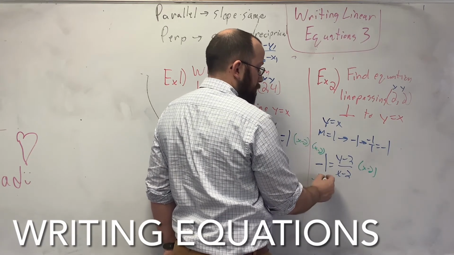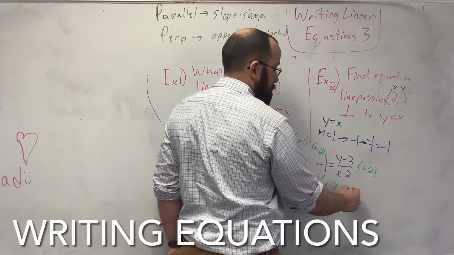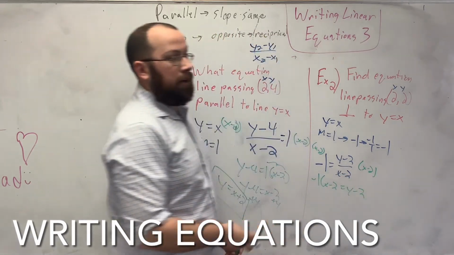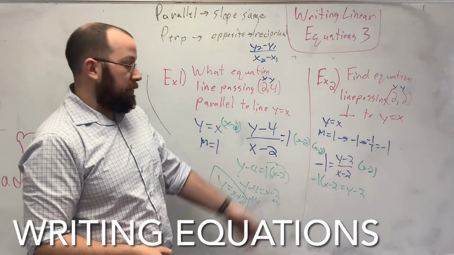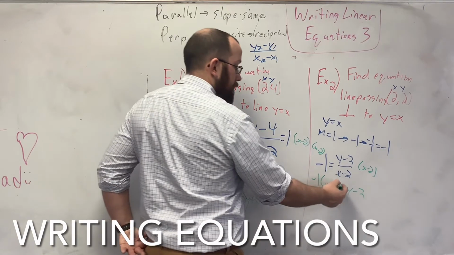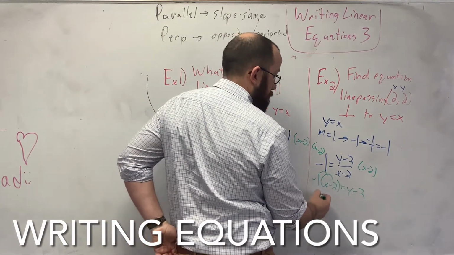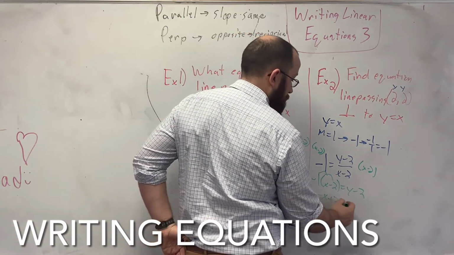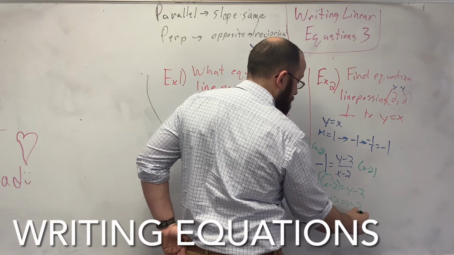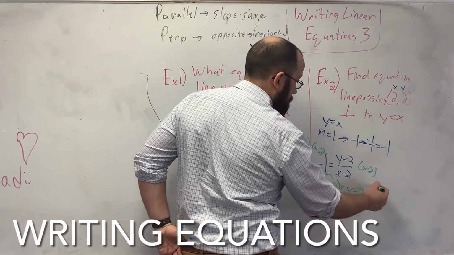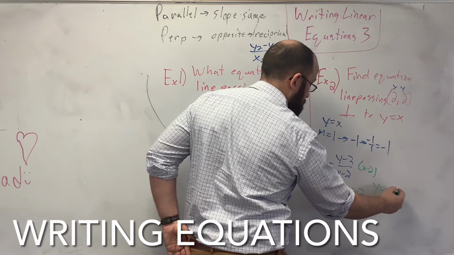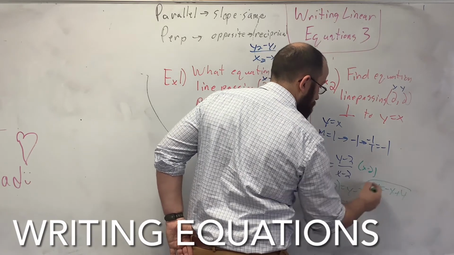So I get negative 1 times x minus 2 equals y minus 2. I know this is a lot, but this is how it's showing you. Negative x plus 2 equals y minus 2, add 2, add 2. So your equation here is y equals negative x plus 4.